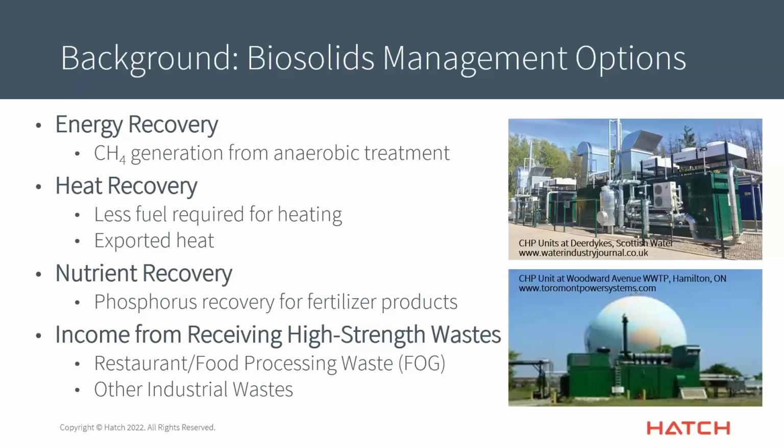Okay, so what are the options and what are the different things that you can do as part of your biosolids management program? Clearly, one of the options is, if you have an anaerobic digester and you are producing a significant amount of methane gas, you can use that methane in a cogeneration plant.